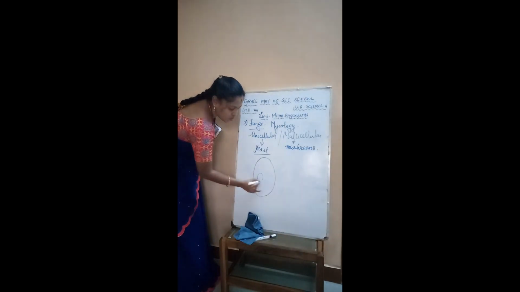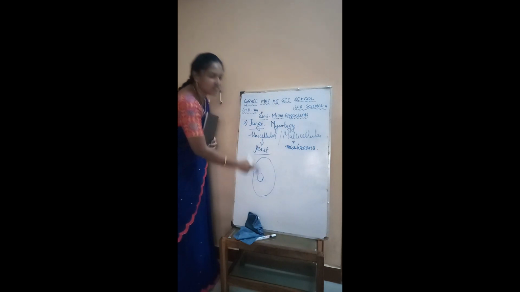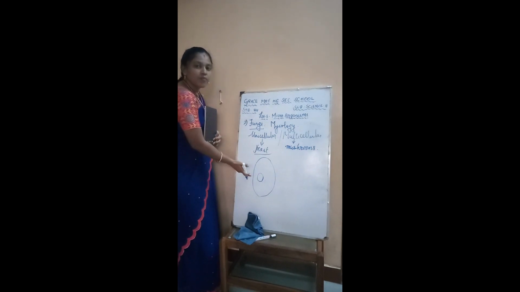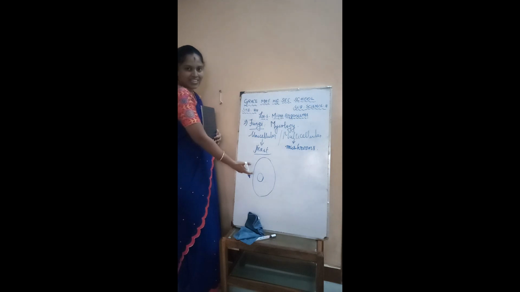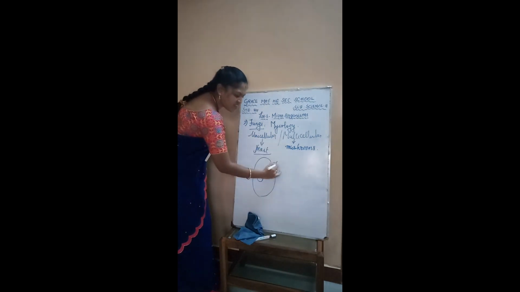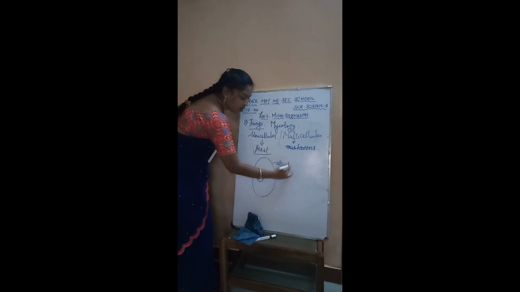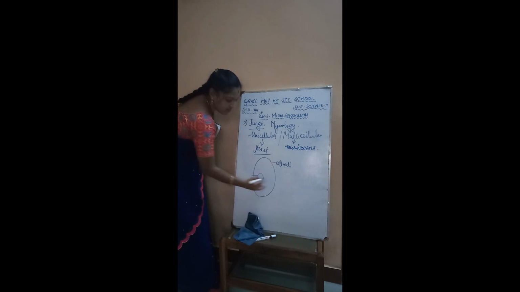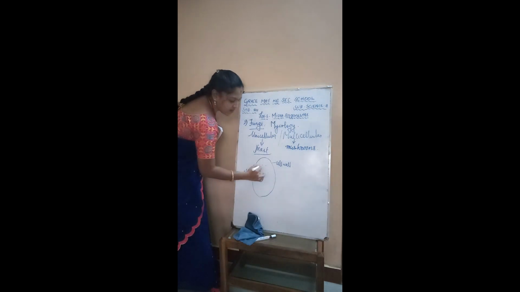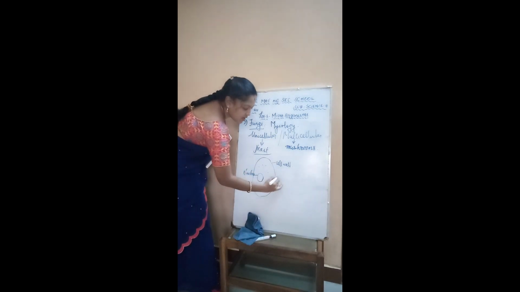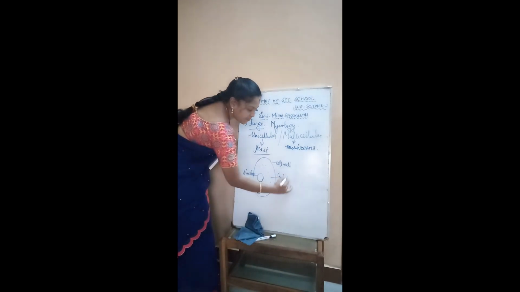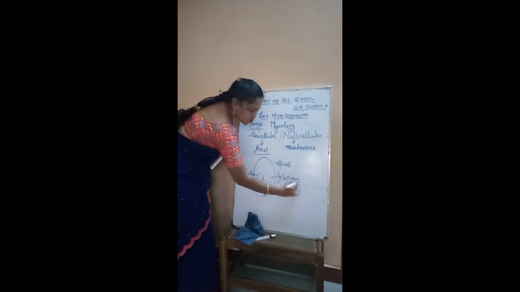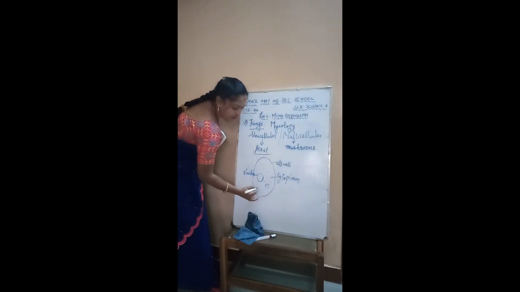It has a nucleus, so we call this yeast a eukaryote because it possesses a nucleus, right? Next, it has a cell wall. Cell wall, here it has nucleus, and all over the cell you have cytoplasm, and finally you must also have food vacuoles.